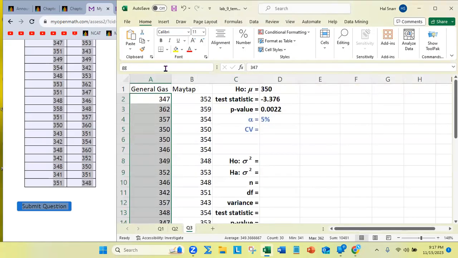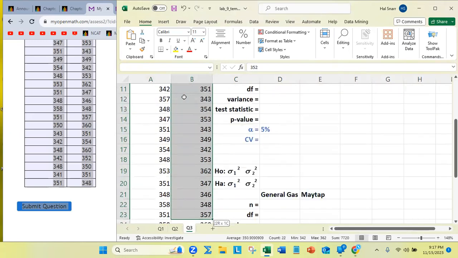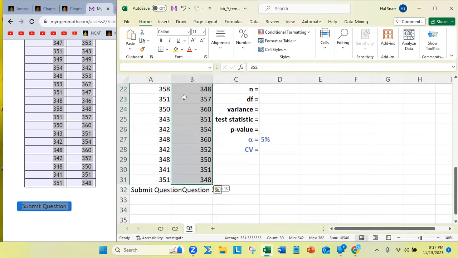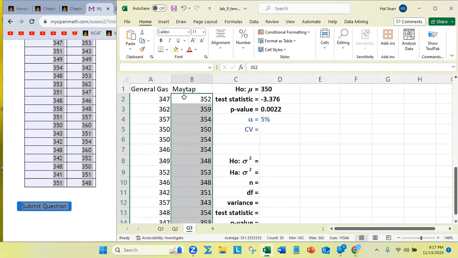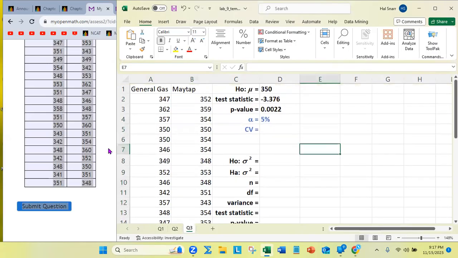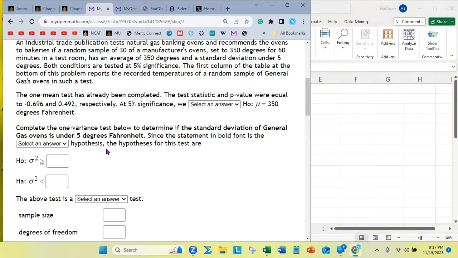I'm going to call it GG. And then I'll call Maytap's 30 numbers MT. Okay. And then I'll go back up here.